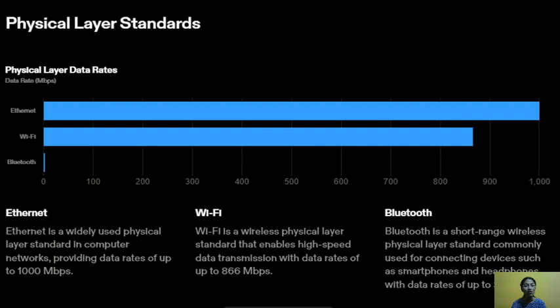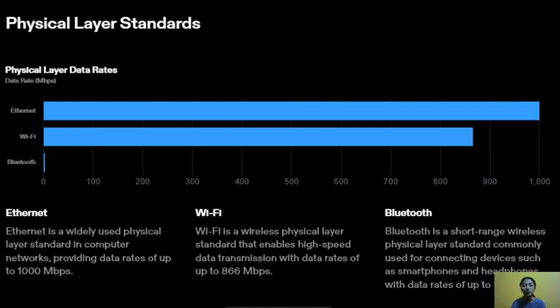Here is a diagram of physical layer standards, showing how the data rate is explained. Basically, it depends on Ethernet and Wi-Fi, where Ethernet is a widely used physical layer standard in computer networks, providing a data rate of up to 1000 Mbps, whereas Wi-Fi is a wireless physical layer standard that enables high-speed data transmission with a data rate of 866 Mbps.